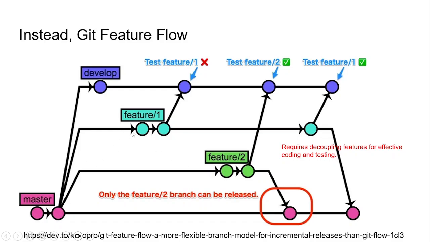Feature 1, as we can see, we developed and merged to the develop branch and the test failed. Then for feature 2, we made our commits and merged to the develop branch and it passed the test. At this time we have feature 1 not working and feature 2 working, but we use this fork structure.